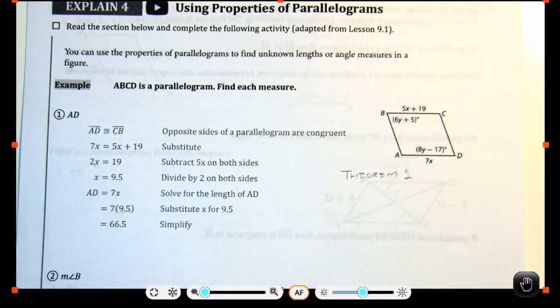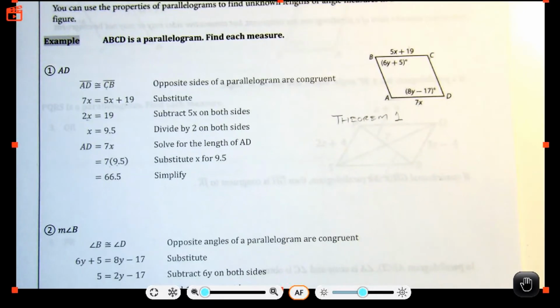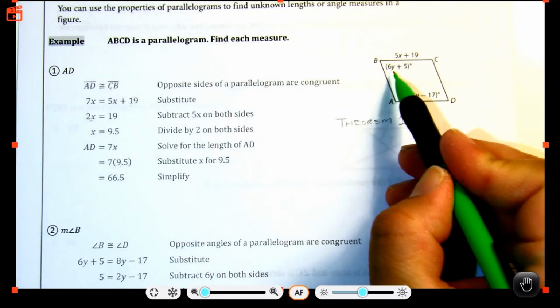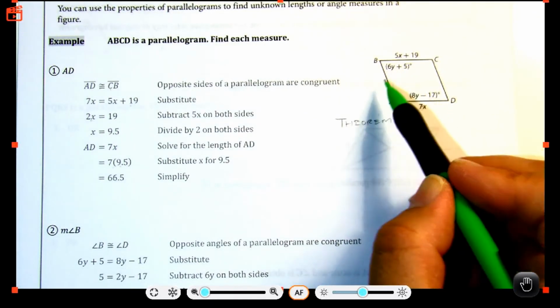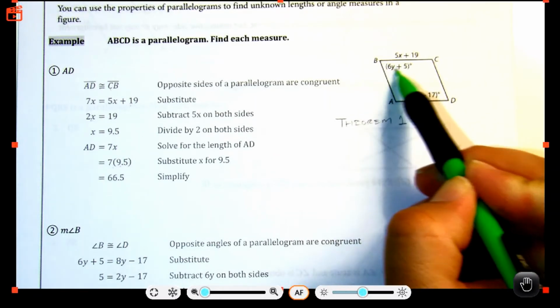Okay, now for problem number 2, they want us to find out what angle B is. So in this parallelogram, angle B is 6y plus 5. Angle D is 8y minus 17.